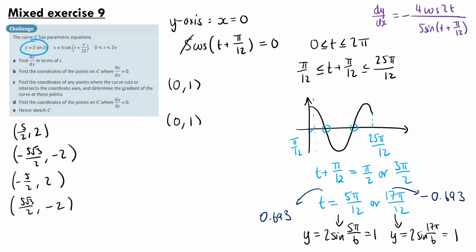So if we think about what might be happening here, we know we intersect the y-axis only twice, and it must be at the same point. So the graph must end up looking something like this, where we have the graph intersecting the y-axis at (0, 1). So it must do something like this, where it goes, first of all, upwards like this, with a positive gradient, where t equals 5 pi over 12.